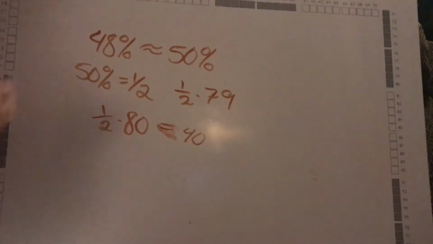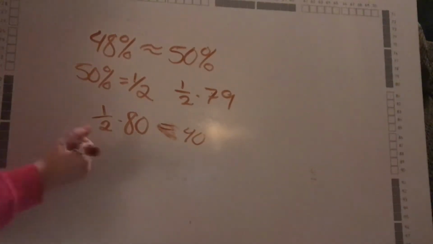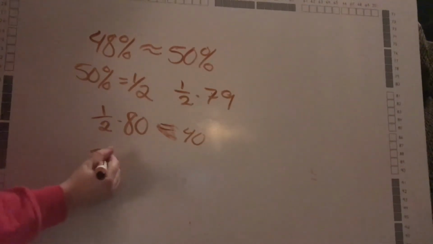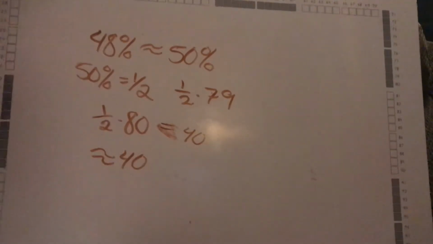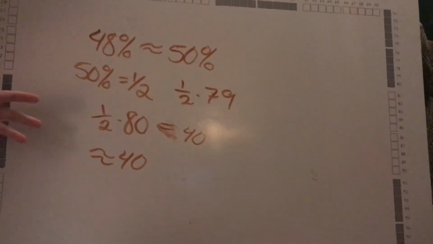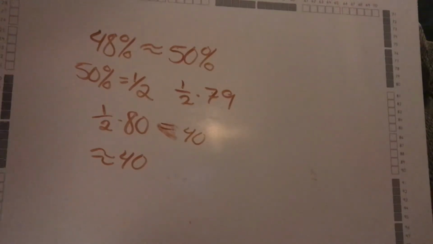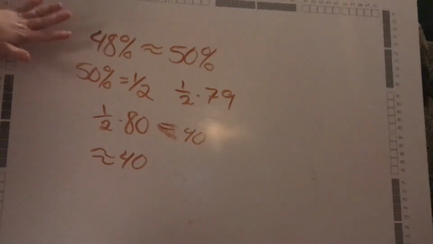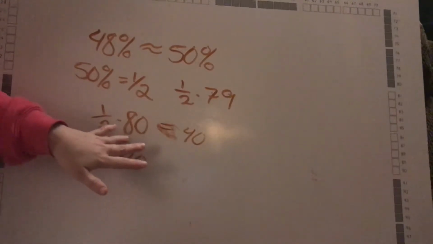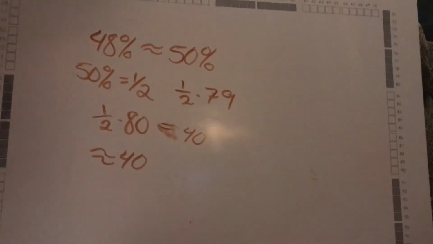But you could say 48% of 79 is about 40. Okay, so we're using estimation. So we're rounding both the percentage and the number to get an estimate answer. Now, if you want, you could get a calculator and figure out 48% of 79 to see how close we are. But it's going to be somewhere around 40.